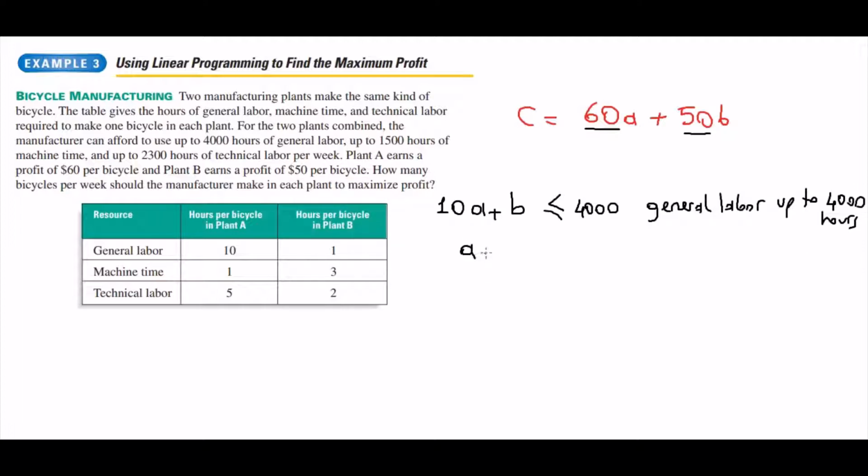One bicycle A plus 3 bicycle B is less than or equal to 1,500. This is our machine time. And 5 bicycle A plus 2 bicycle B is less than or equal to 2,300. And this is our technical labor limitation.